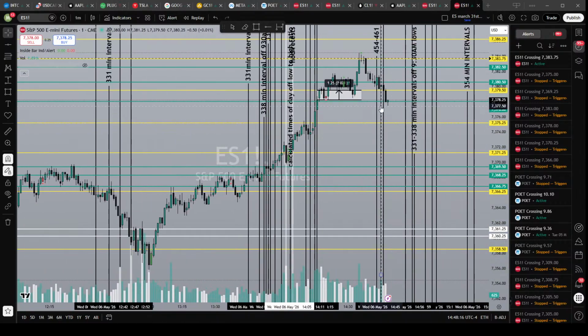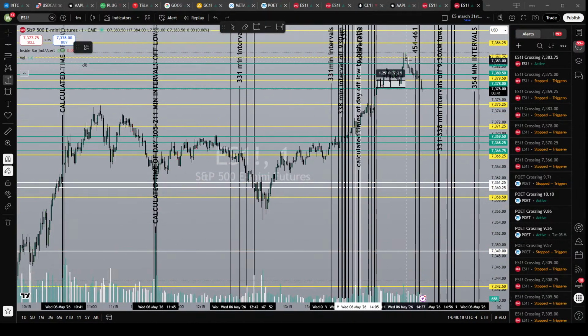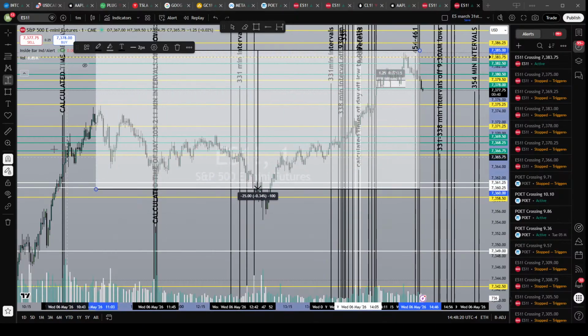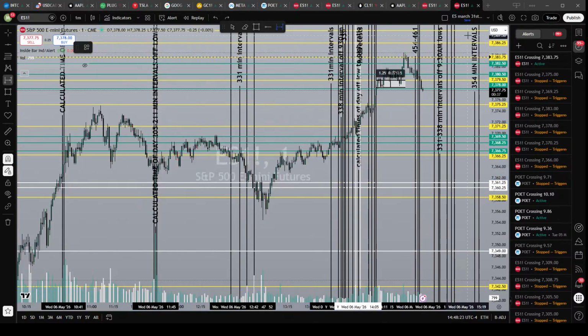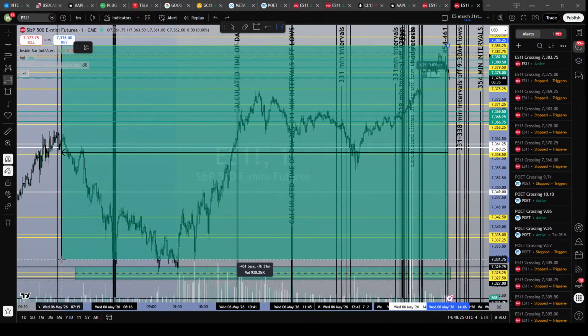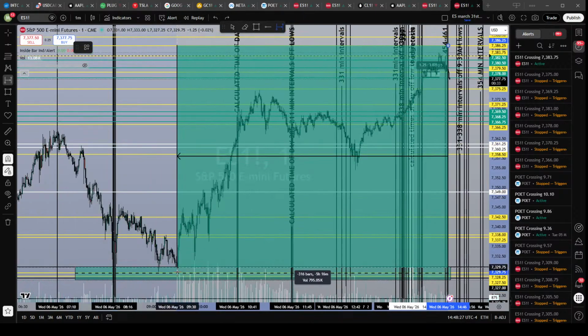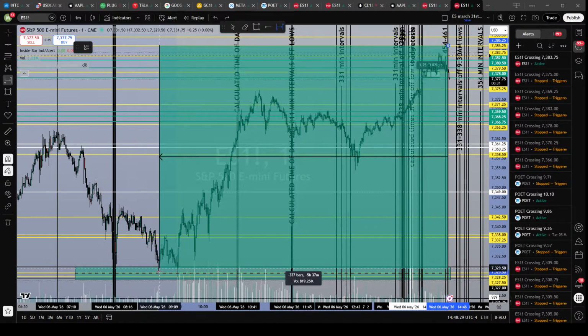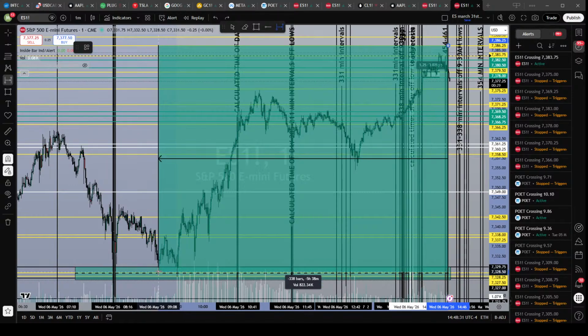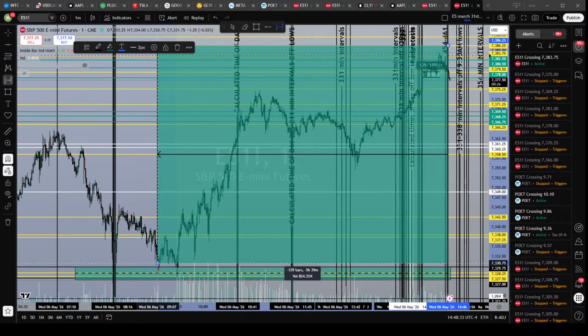I think these were, hold on, I'm missing something in here. These are the 338, 339, okay, off those morning lows. I don't know if you guys can see those.